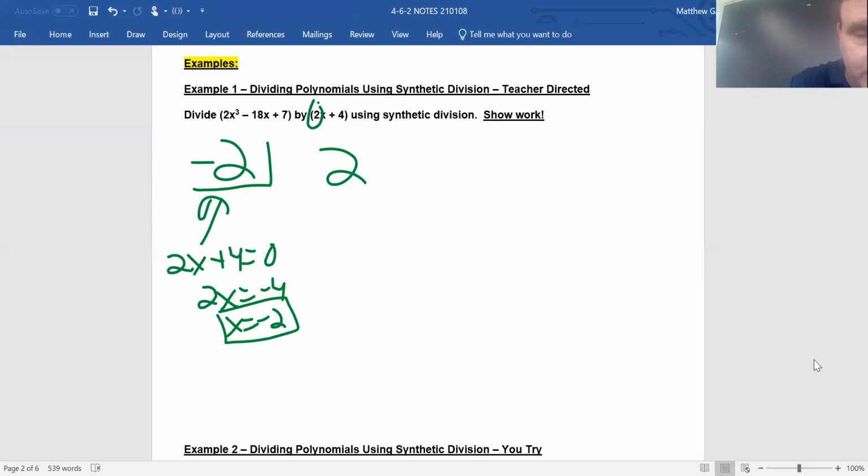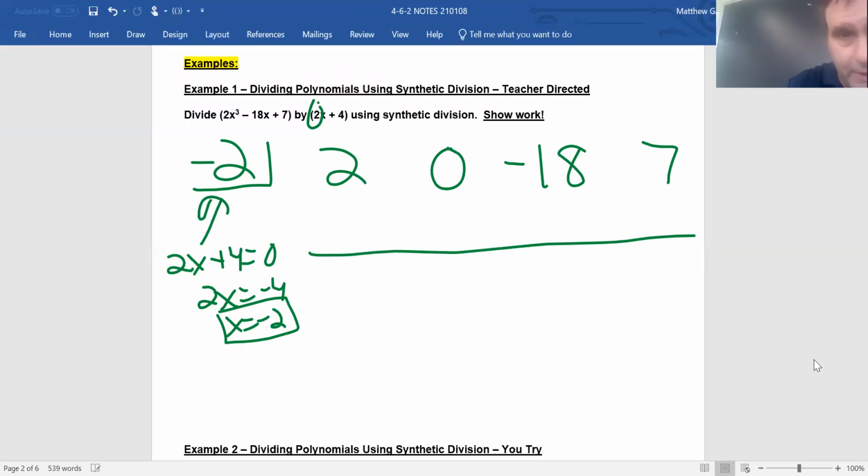So it's 2x cubed, and then we have 0x squared, so you need a placeholder here. And then -18x, and +7. Make sure you know where the placeholders are.